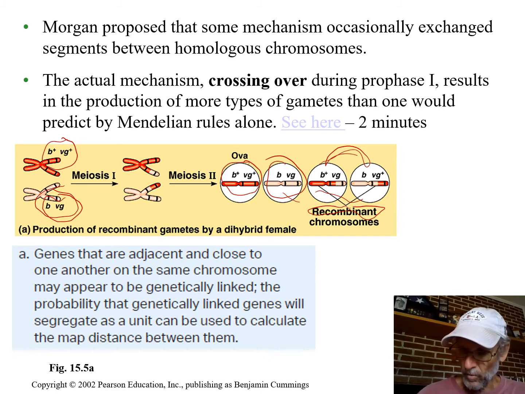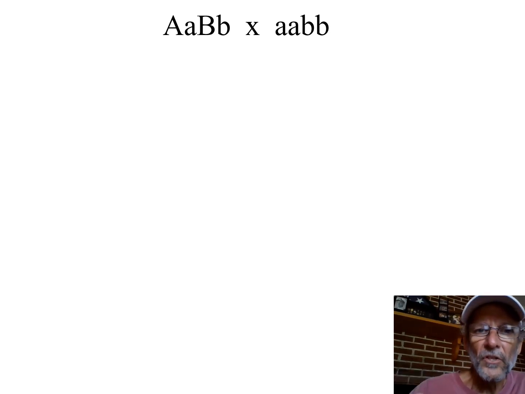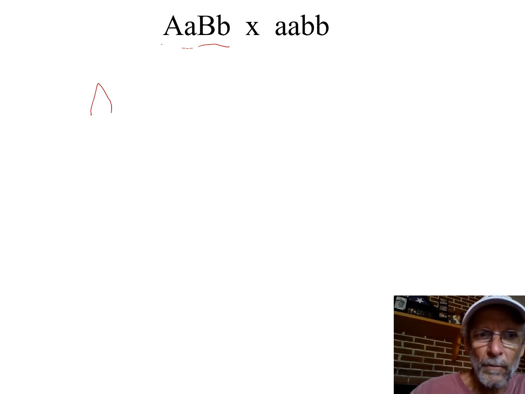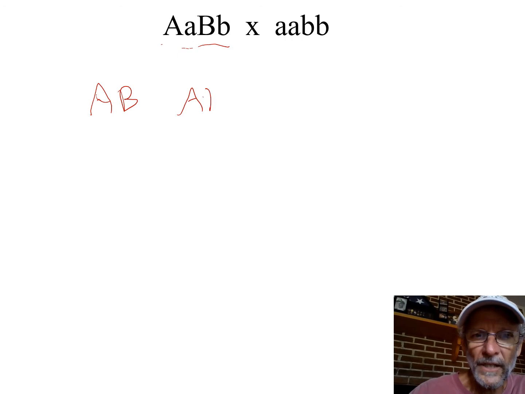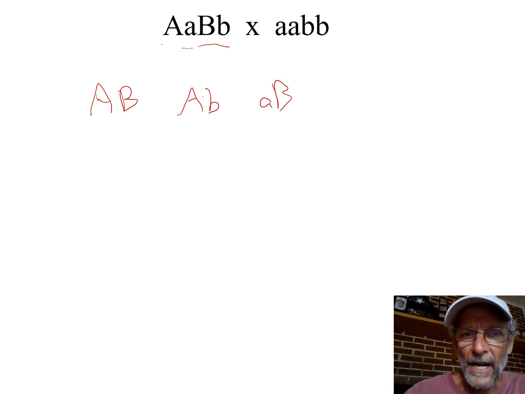Okay? So if we now use this as an example, there's those bees again. If this individual with these genes had them on different chromosomes and they assorted independently, you would expect them to be able to make these gametes, and quite importantly, in equal numbers. There'd be an equal likelihood that the big A ends up with the big B as it ends up with the little b.